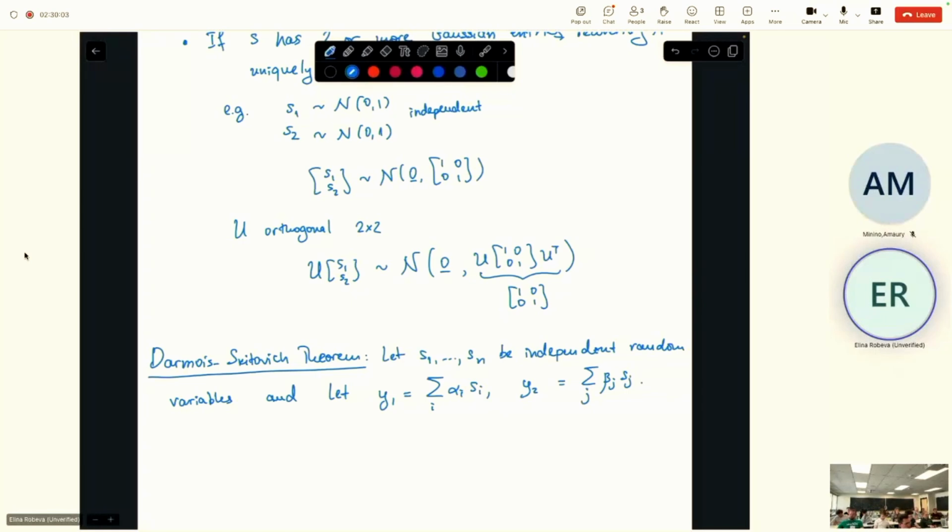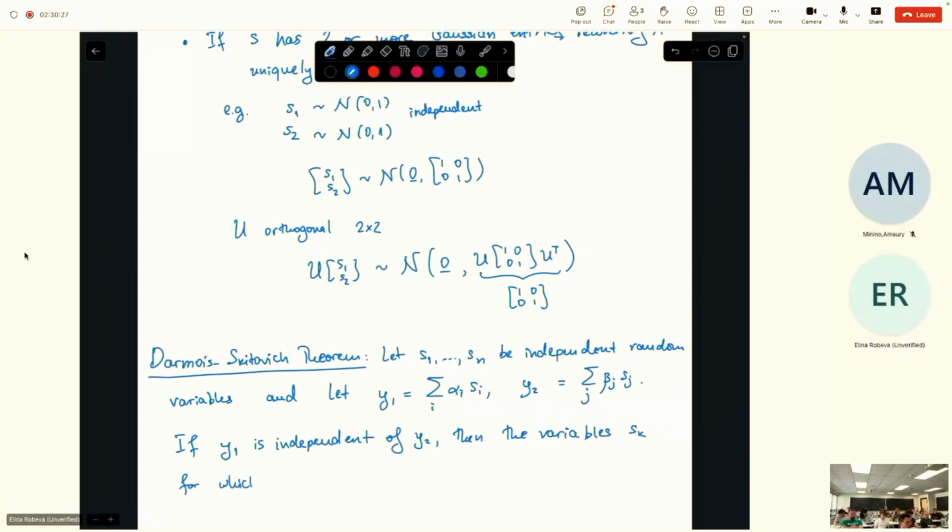If Y1 is independent of Y2, then the variables S_k for which alpha_k and beta_k are both not zero are Gaussian.